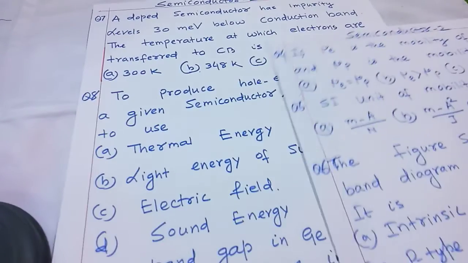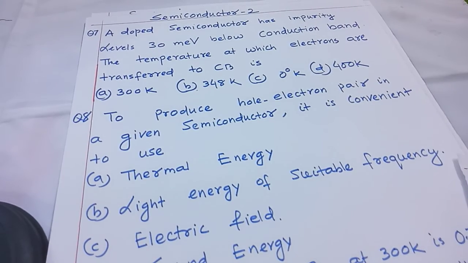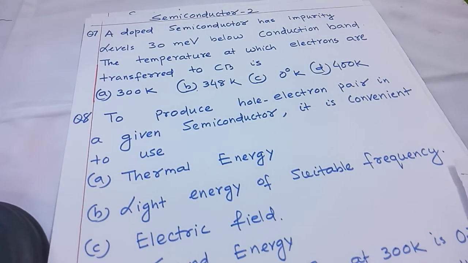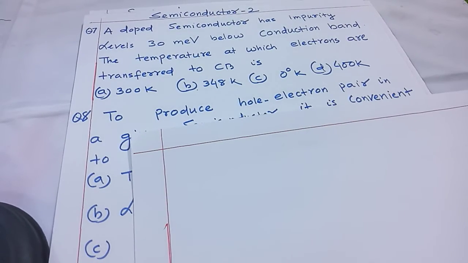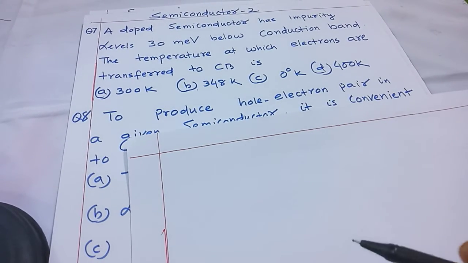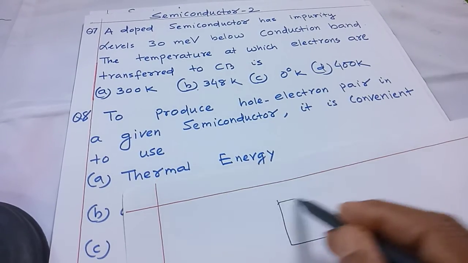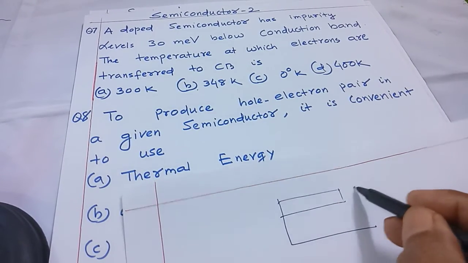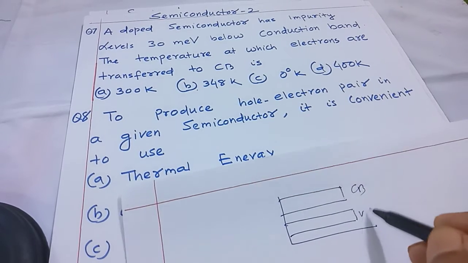Next question is: a doped semiconductor has impurity levels 30 milli electron volt below the conduction band. This is the conduction band and this is the valence band.